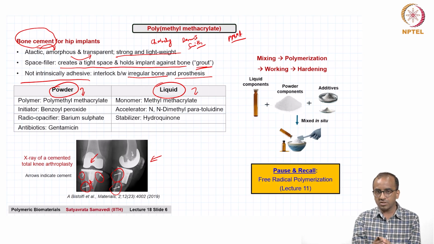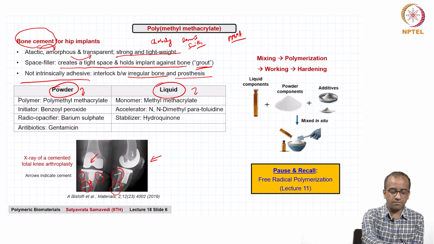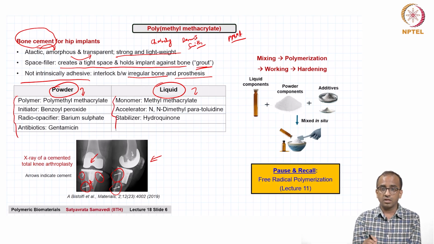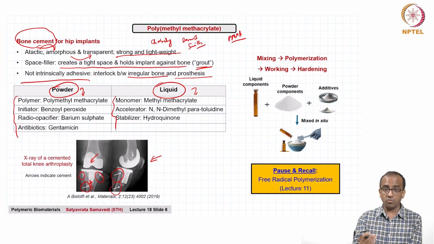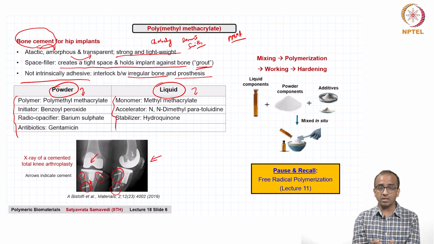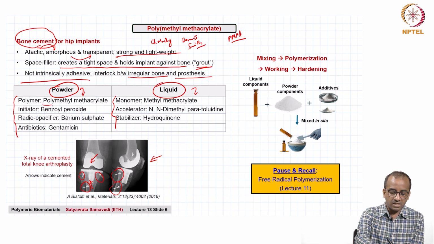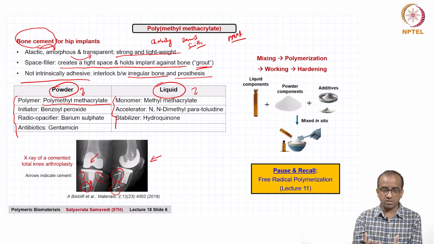Also, one thing you notice here is these different components serve different functions. So, it is important to note how multiple aspects are integrated into one system to be able to give it the multifunctionality that you want. So, the polymethyl methacrylate itself forms the bulk, that powder itself forms the bulk of the bone cement.